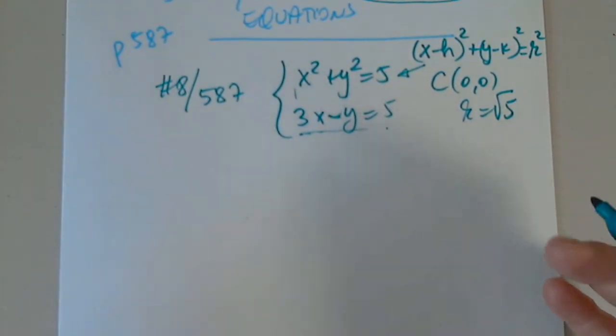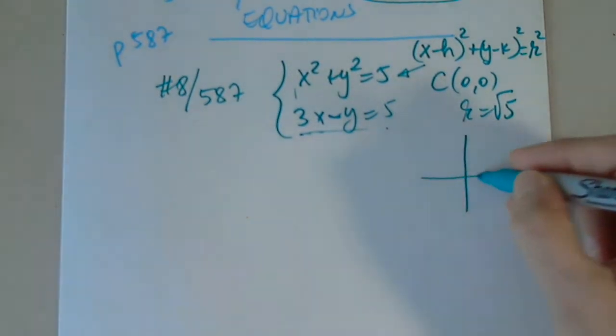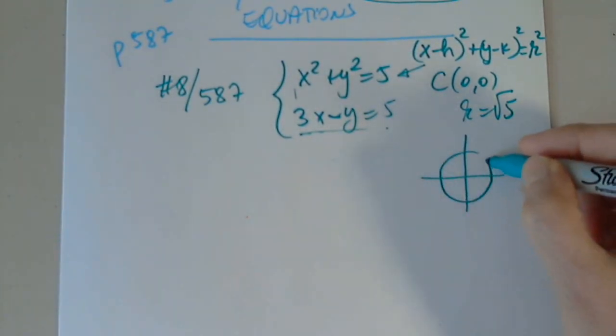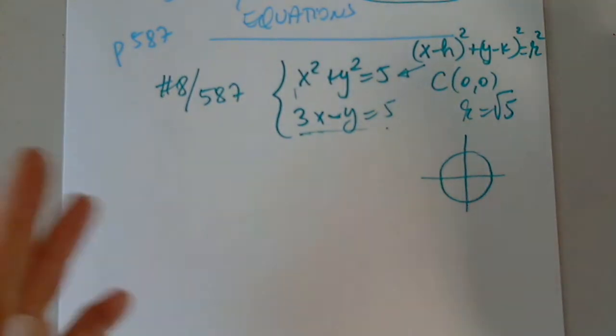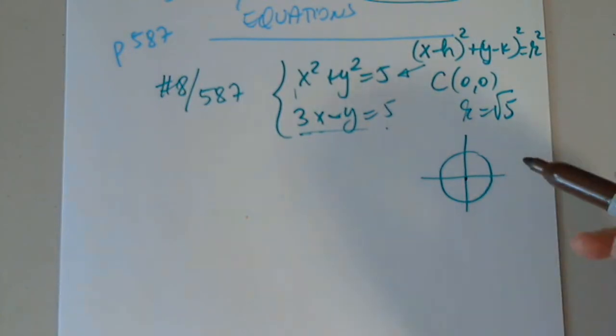So how will this system look? We're not going to need to graph, but how will it look? This is the circle. I didn't show you any units or anything, just a circle centered at the origin.